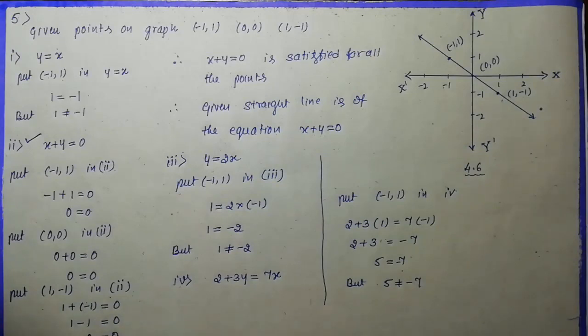Example 5 is similar to the question I told you initially, question 2 in the exercise, and you have to write example 5 also. This completes exercise 4.3, and also the topic graph of a linear equation in 2 variables.